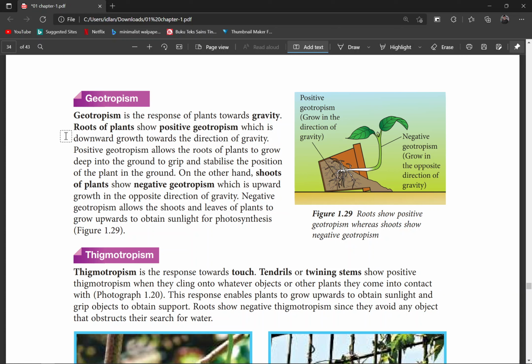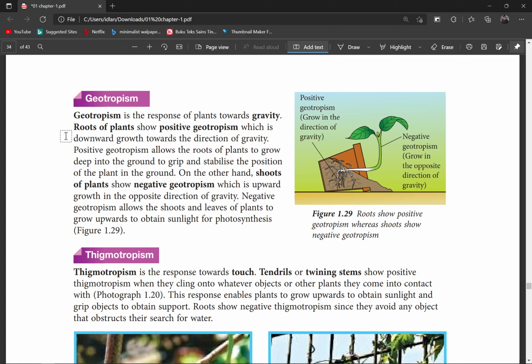Before this, the roots were in the correct way, down in the pot. Now, when it fell down, it needs to find the ground for what? To stabilize the plant itself.